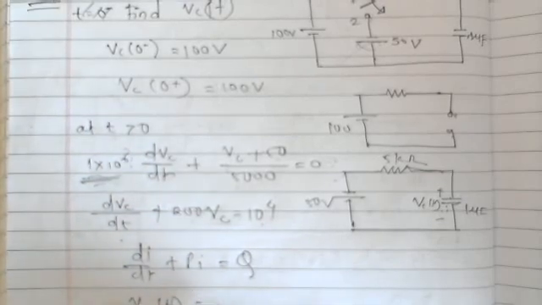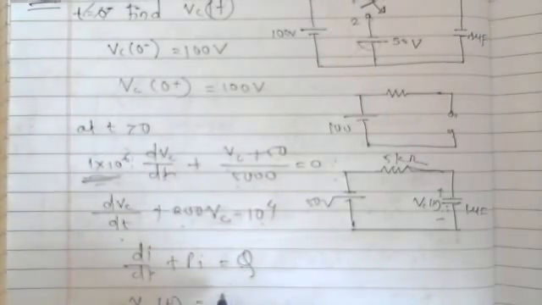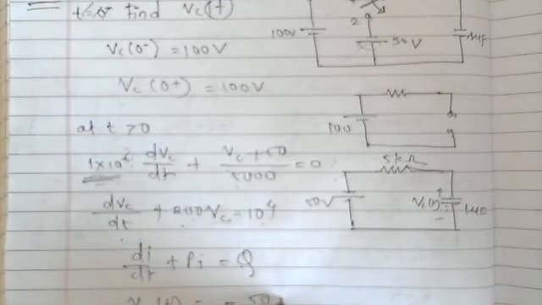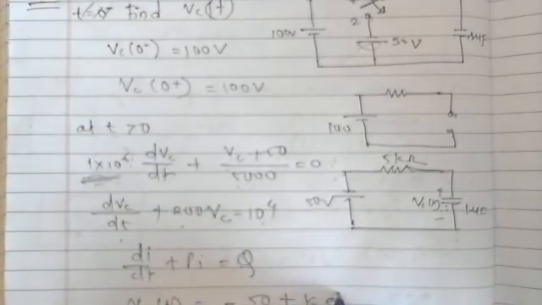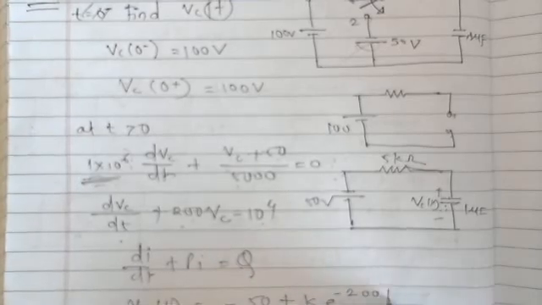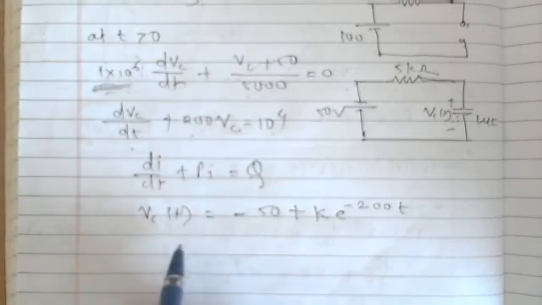What is Q? It is 10 raised to 4. What is P? It is 200. So it becomes 50 plus k e raised to minus P t. This is the equation.